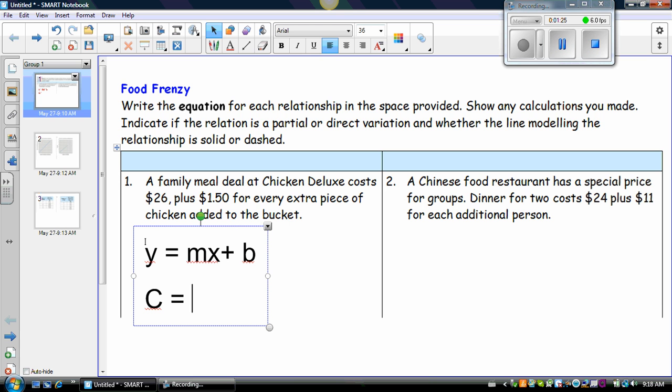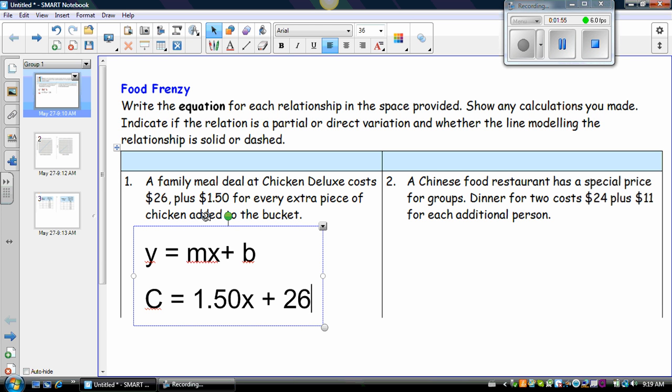The rate of change in this case is $1.50 for every extra piece of chicken, times x, the number of pieces of chicken, plus the initial cost of the bucket, which is $26.